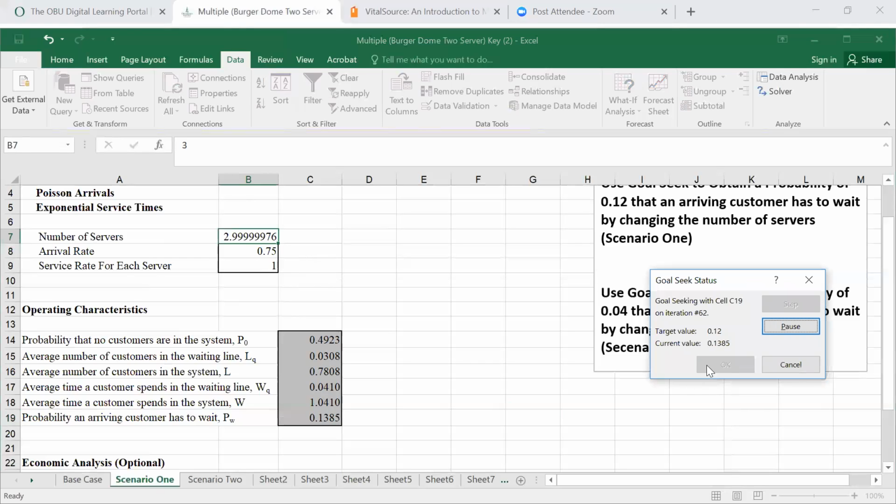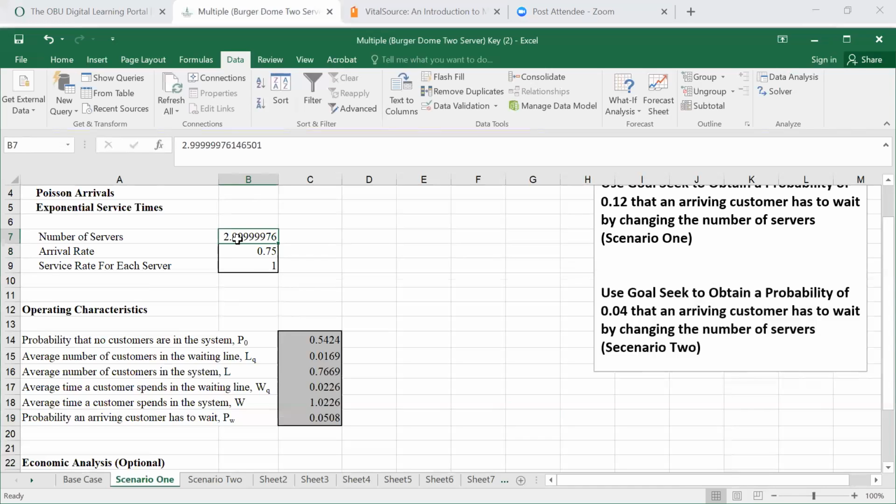Now look what happens. Now we're back here, and we get a volatile figure, but when we go close to 3 servers, we drop it down to 0.5. Now, if I have 2 servers, let's just leave it back here. If we put just 2 servers, let's see what we get.